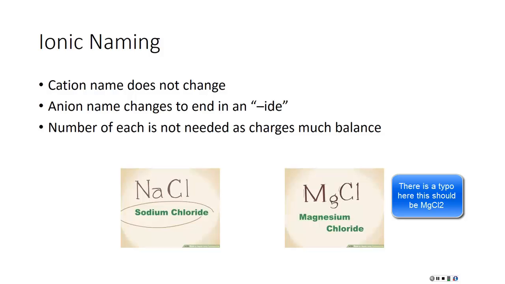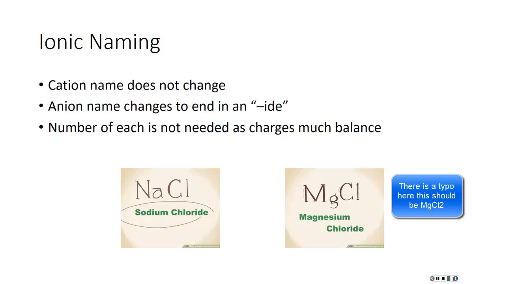So this is the metal component. So if I was to name aluminum and chlorine here, AlCl3, the cation is aluminum. So the name is going to start with aluminum. Very boring.